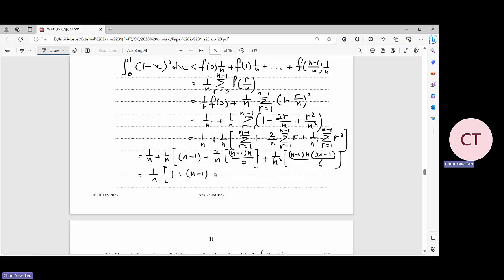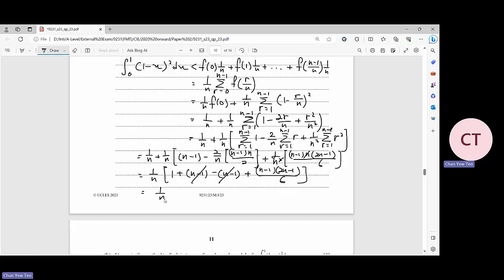So this one, it will be n minus 1 minus the n minus 1 plus this can simplify. Then you get n minus 1 to n minus 1 over the 6. Okay. So this is what you have. And you can see that this one can cancel off.